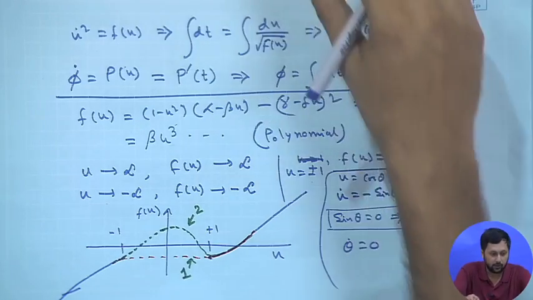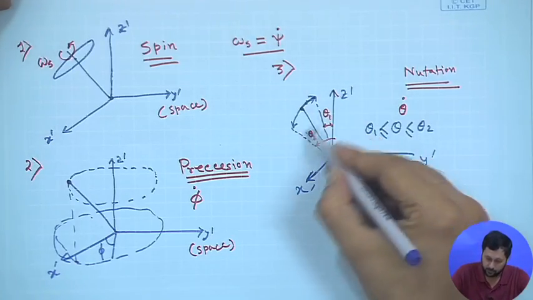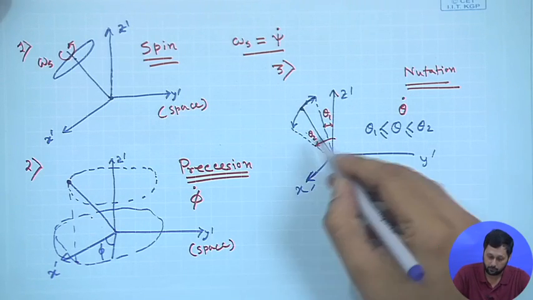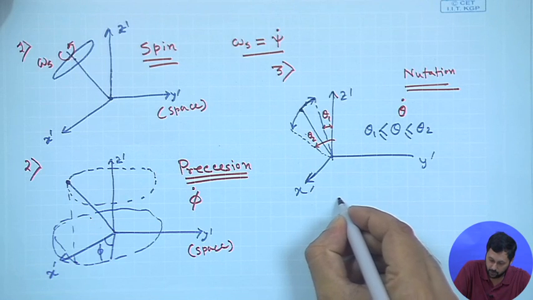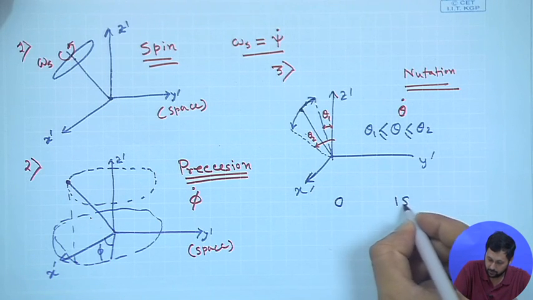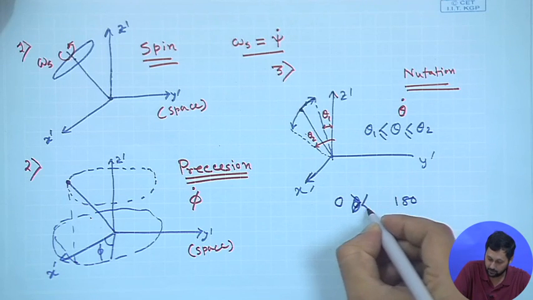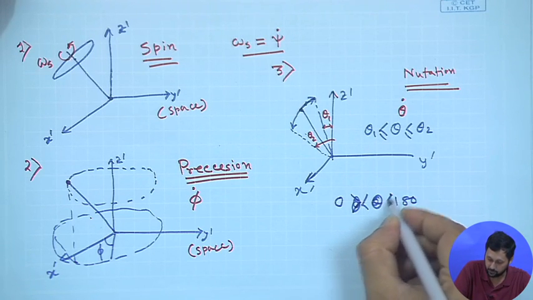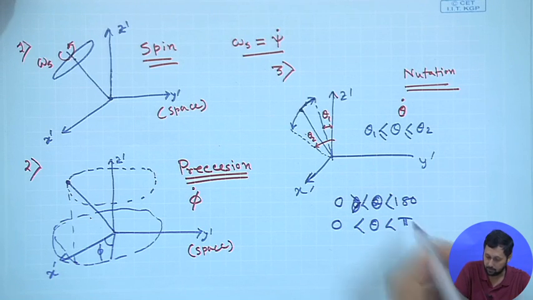Okay. So, now let us come back to this once again. Where is it? Here. What is the physical range of theta? Theta can vary between 0 and 180 degrees, right. So, theta has to be within this range, that is to say 0 to pi.